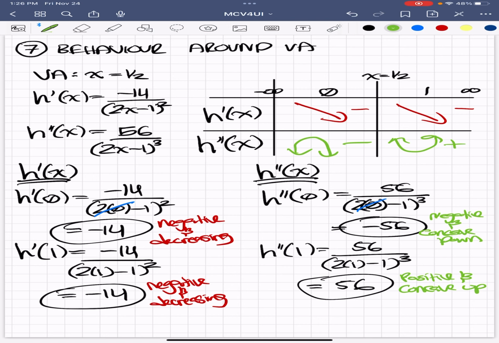Okay, so before the VA, it is concave down, and then after the VA, it is concave up.